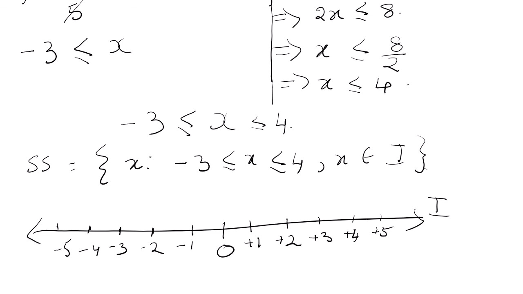Now x is minus 3, x has an equal to sign, both have equal to sign, so both will be solid lollipops. So minus 3 solid means where it will be dark inside, and this side you have plus 4.